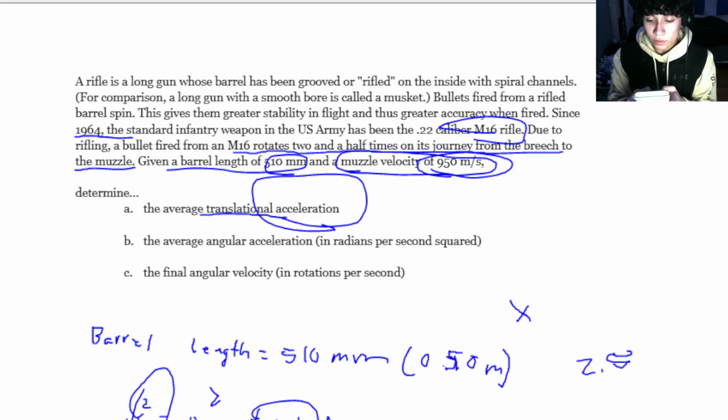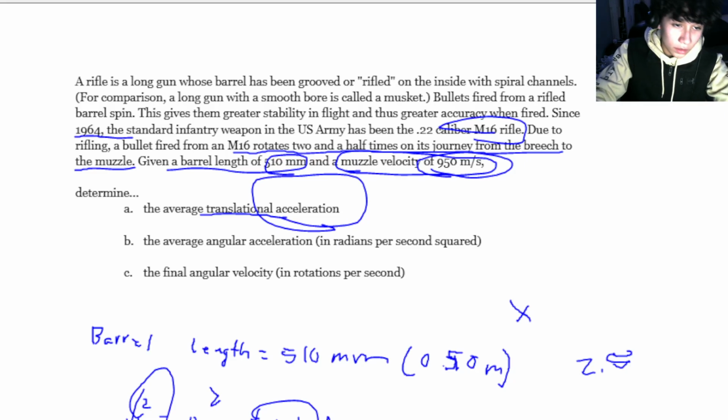That's 1.02, so our numerator is going to be 902,500.